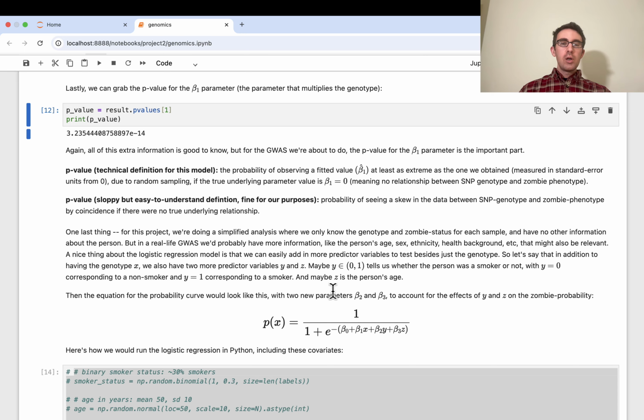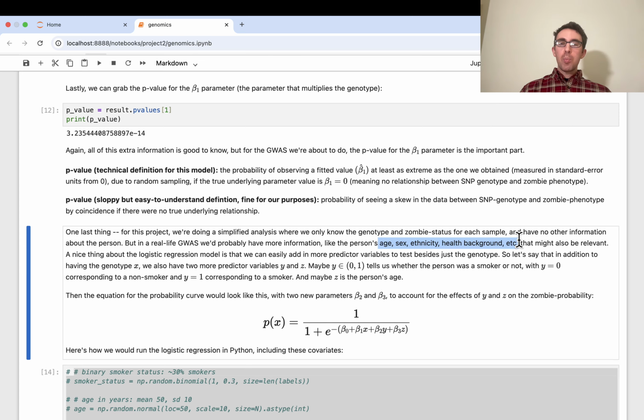But if this was a real life GWAS analysis, we would probably have more information. Like maybe the person's age, sex, ethnicity, health background, etc. More stuff like that about each sample. So we might try to model the probability that someone was a zombie or not based on more information than just the genotype for each particular SNP.